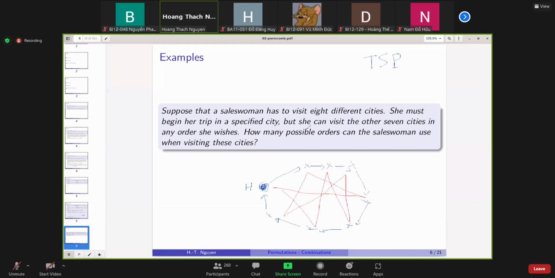Or you can go in many other ways. The question is, how many ways are there to make a tour like that? The only condition is that you visit each city exactly once.